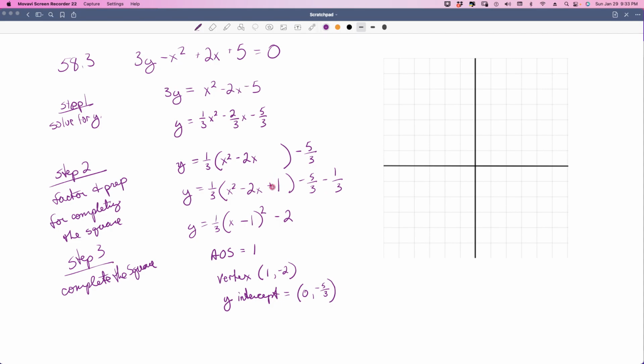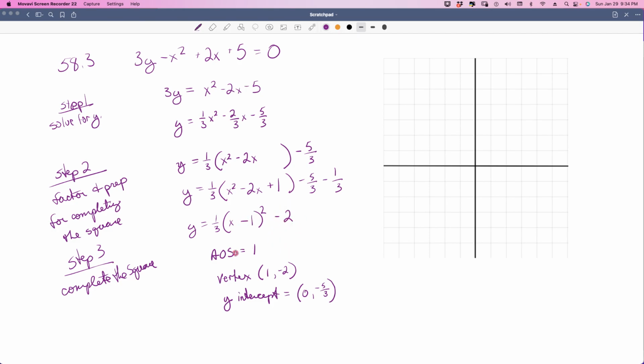So we took that +1 and we were going to put a -1 on the outside of the parentheses, but it has to be multiplied by this 1/3. So we subtracted 1/3 because -1 times 1/3 is -1/3. So when we combine those, we got -6/3, which is -2. That's how we got that.